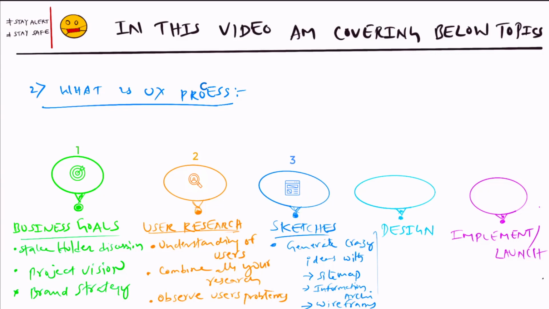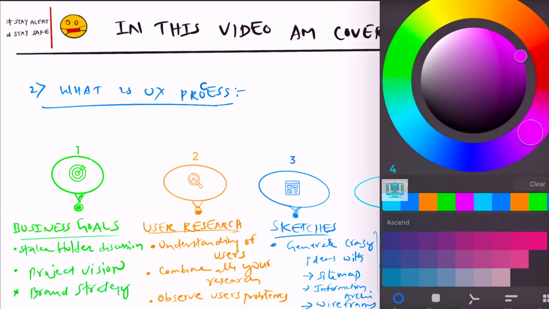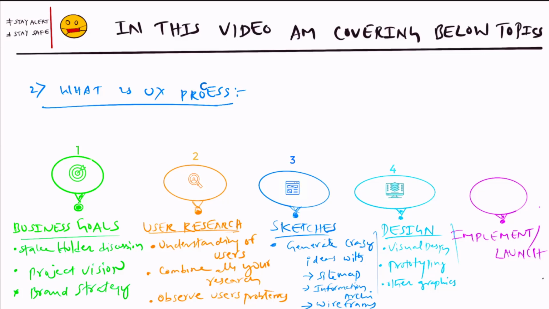In the design phase, we have to create the visual designs for the actual product by using images, colors, fonts, and other graphics, then create a prototype and share it with the actual users for usability testing. Then we launch the product. This is the UX process.